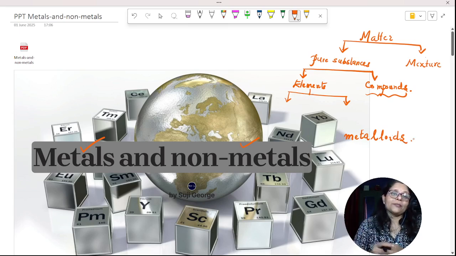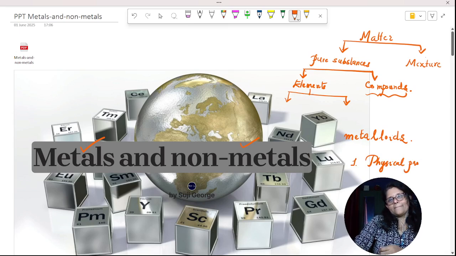So in this chapter of class 10th CBSE, we are going to deal with metals, mostly the physical properties of metals. So our learning objectives will be one, physical properties of metals and two, chemical properties of metals.